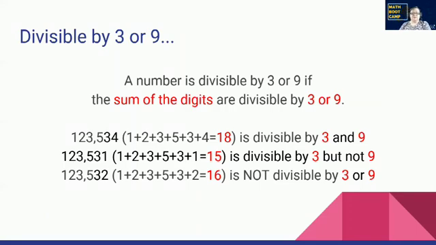Is 18 divisible by 3? Yes, 6 times. Is 18 divisible by 9? Yes, 2 times. Therefore, that first number, 123,534, is evenly divisible by both 3 and 9. It's kind of weird, right? But it works. Every single time it works. And once you get used to it, it's so much faster and easier than trying to hand divide.